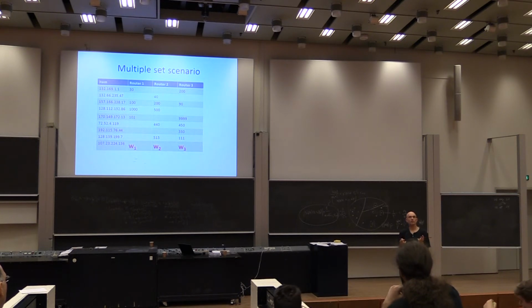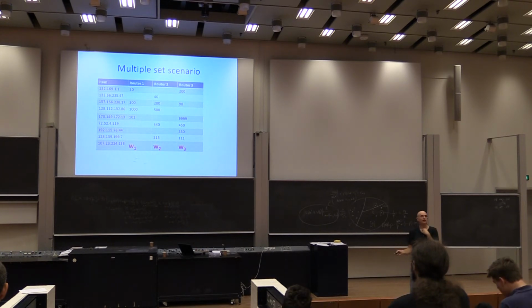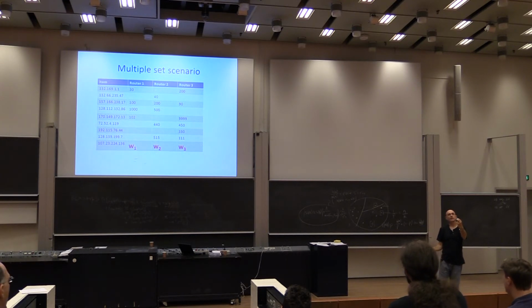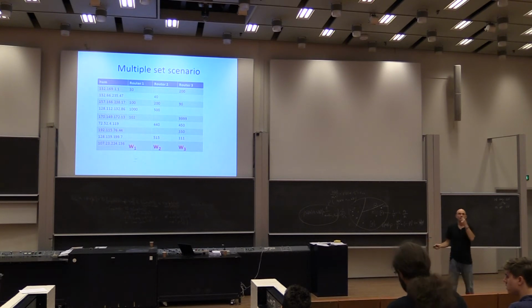So how would you get both? Each router wants to sample proportional to the weights that it sees, and I also want these samples to be coordinated, in the sense that an item that is sampled here is more likely to be sampled in the other places as well. So how would you achieve that?